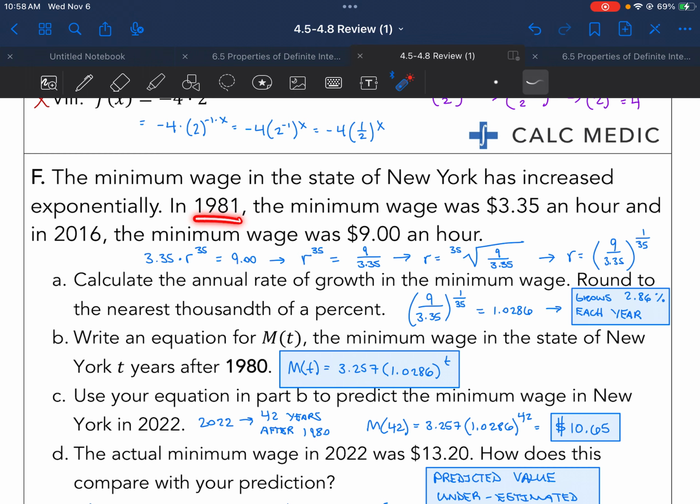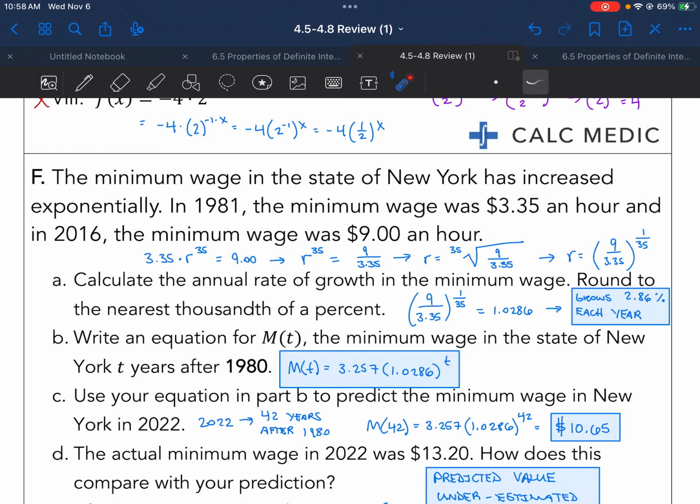In 1981, minimum wage was $3.35. The difference in time from 1981 to 2016 is a 35-year difference. So if we're talking about a common ratio every single year, we have $3.35 minimum wage in 1981 times 35 common ratios. Imagine R times R times R 35 times.